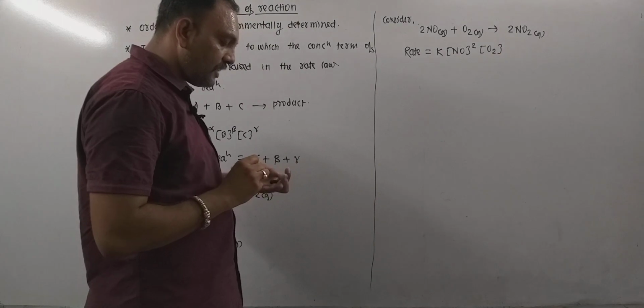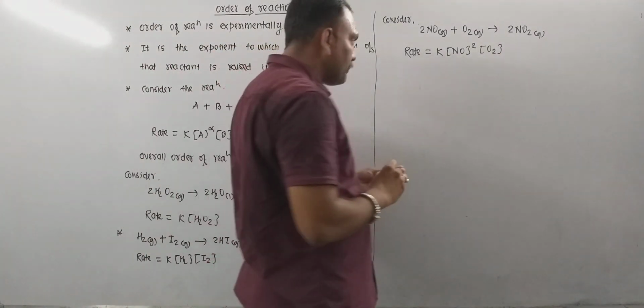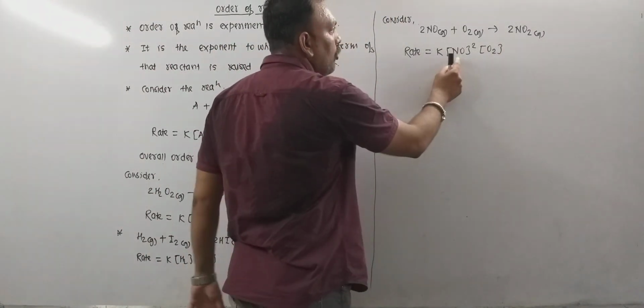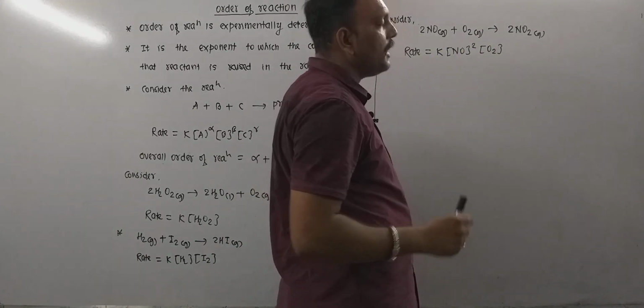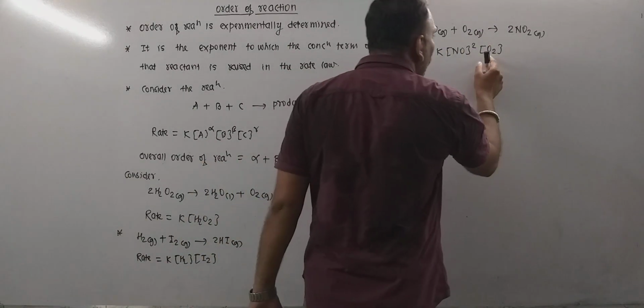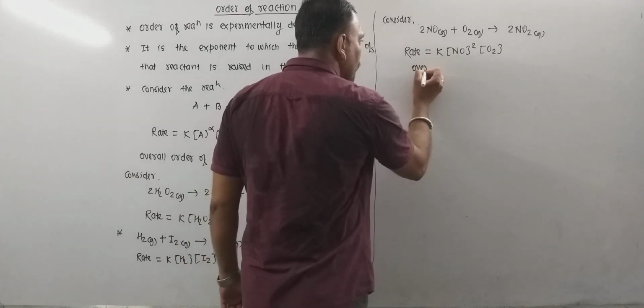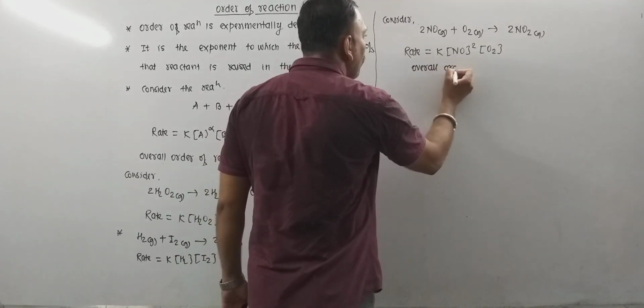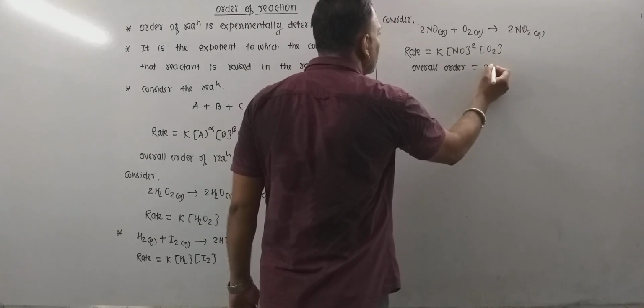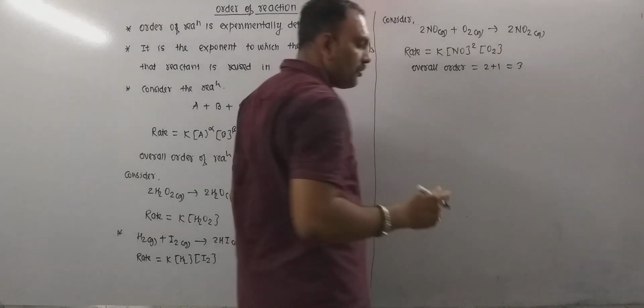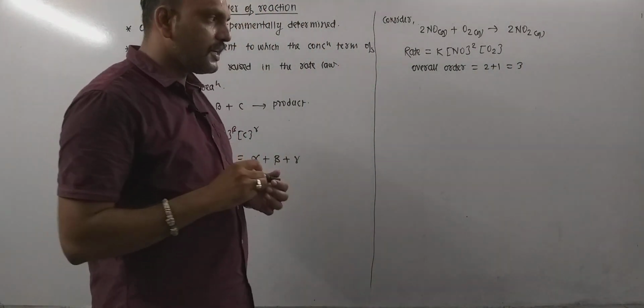This suggests that the order of reaction with respect to NO is 2 and the order with respect to O2 is 1. Thus the overall order of this reaction is 2 plus 1, that is 3. So this is a third order reaction.